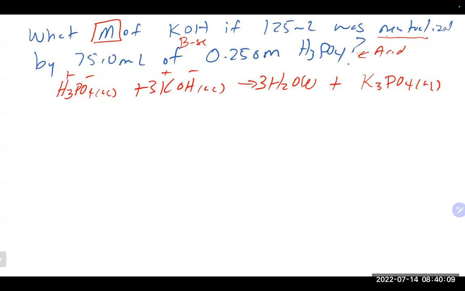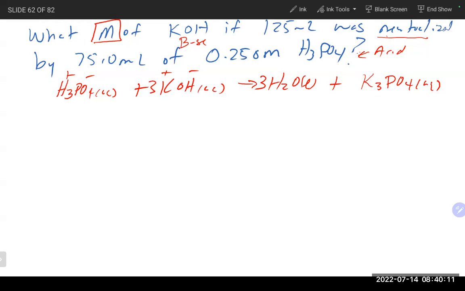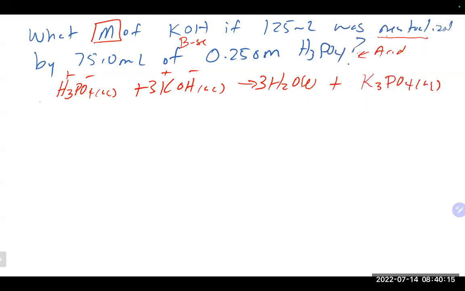If we look at the information given to us in this particular case, for the phosphoric acid, we have 75 milliliters, and we have the molarity given to us, which means we definitely could get to moles for this guy. For our KOH, we are looking for the molarity, and we have 125 milliliters given to us, which means we cannot get, obviously, to moles for this.